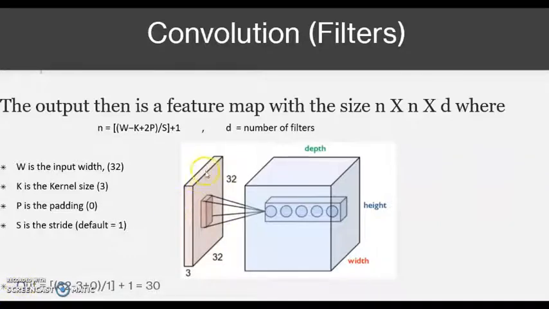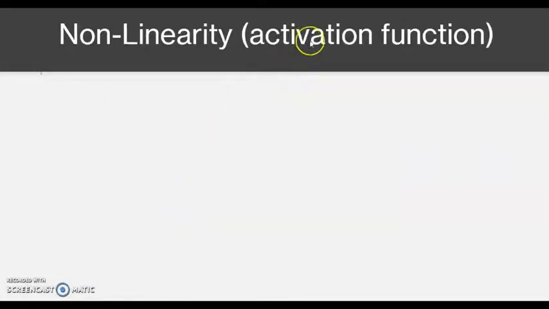Now we'll move to talk about the ReLU layer, or sometimes it's called the activation function or the non-linearity function. If you still remember, this layer is applied right after the convolution operation, and it's applied to each value in the feature map.